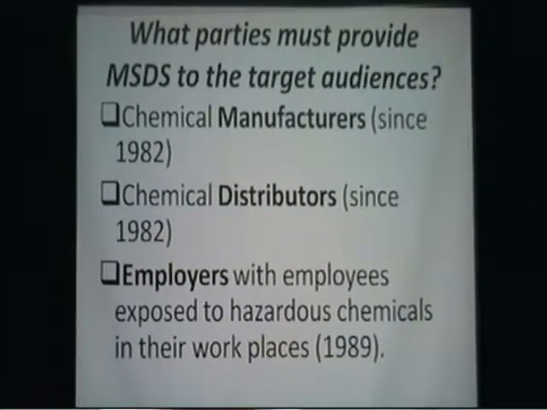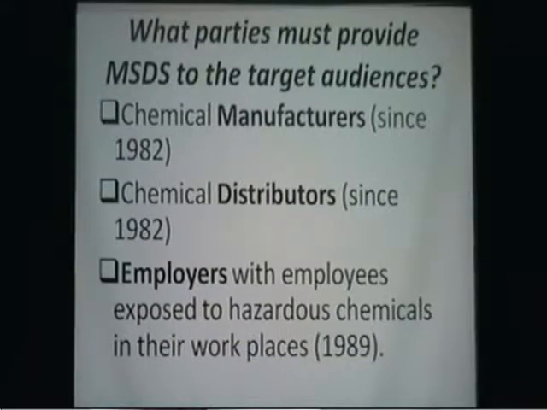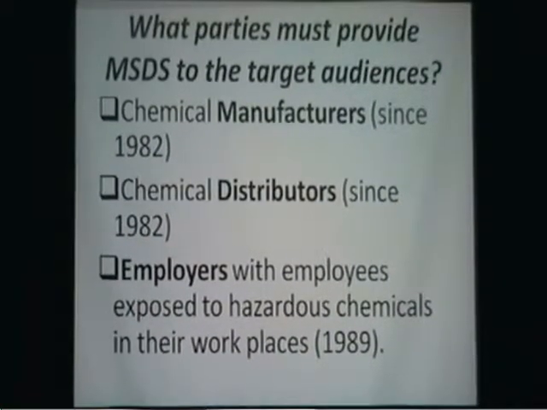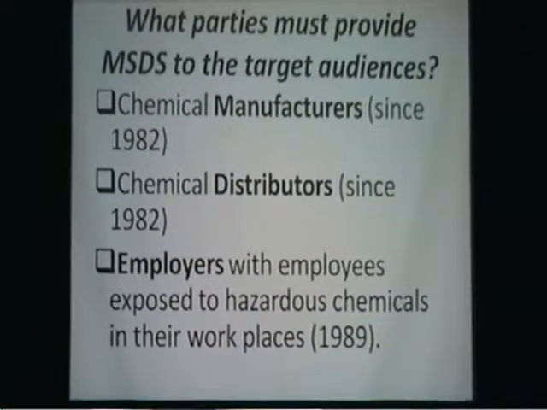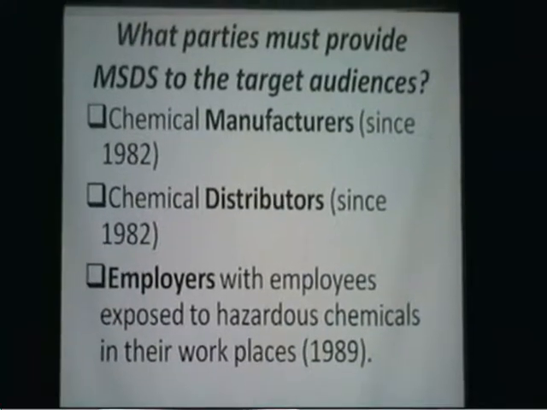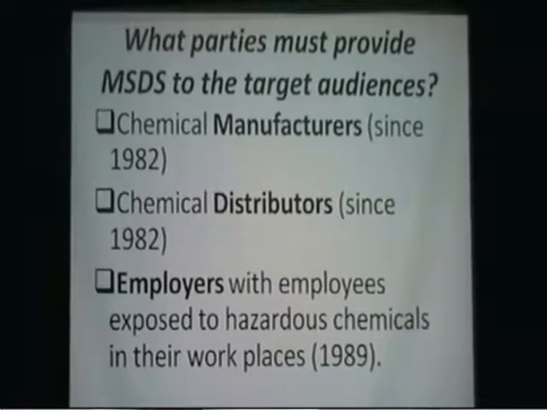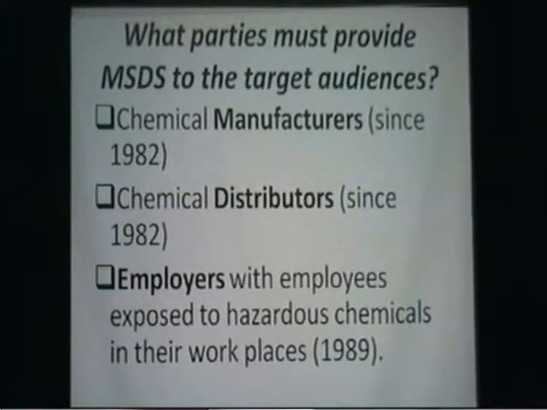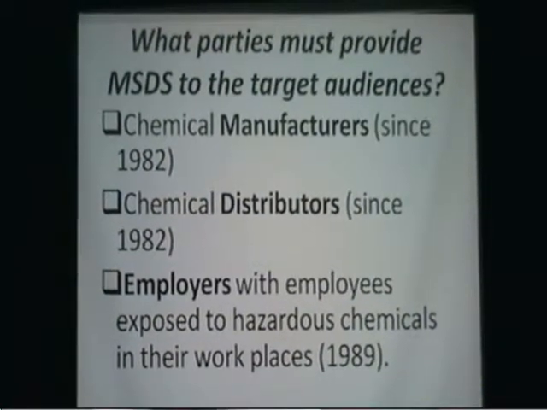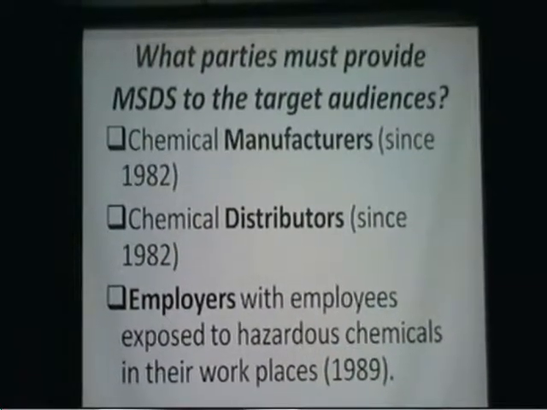Well, Stellar Manufacturing fulfills 2 of those identities. We are a chemical manufacturer, so we're bound by this hazard communication regulation as a chemical manufacturer, and we are also an employer who's exposing employees potentially to chemicals.